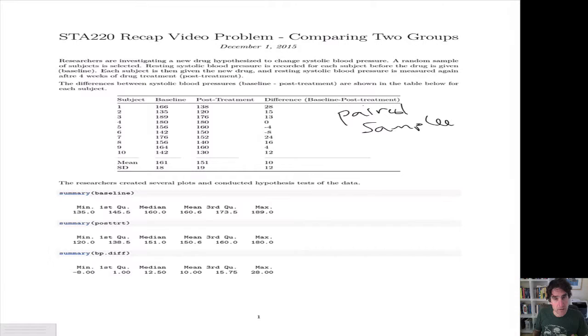So in a matched pair situation, what we're interested in is testing whether or not the difference is zero. So in other words, is the mean of the difference equal to zero? If it is equal to zero, then there is no difference between systolic blood pressure at baseline and systolic blood pressure after treatment. But if it's different than zero, then there is some kind of change.